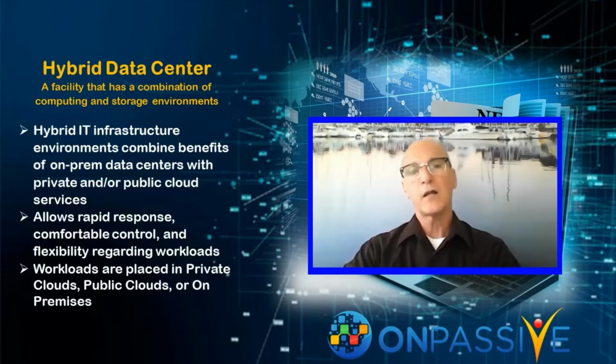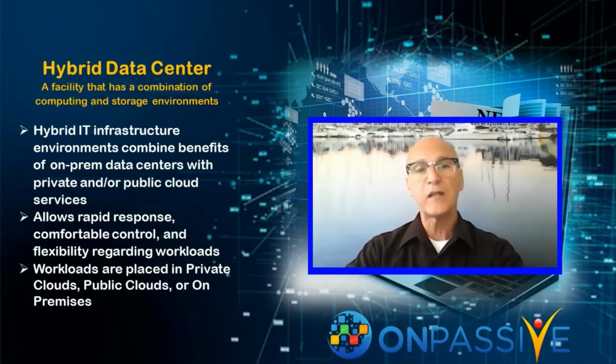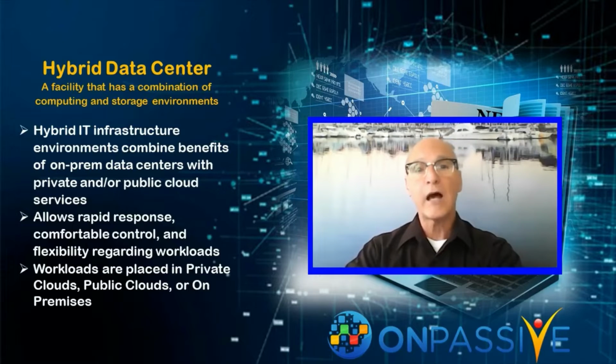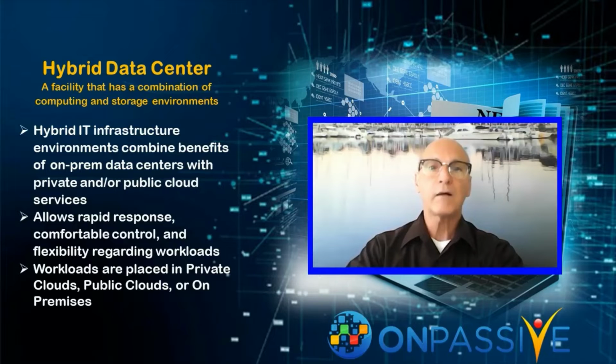And doing this allows rapid response to changing business needs, and it provides the ability to gain comfortable control and flexibility regarding our workloads, which is extremely important because these workloads are actually placed in different areas. They can be in a private cloud, which refers to a model of cloud computing in which computing resources are rented to a single client or company, and they're dedicated to the needs and goals of that particular business.